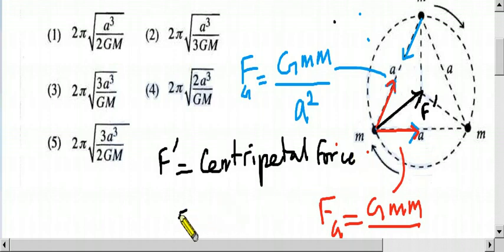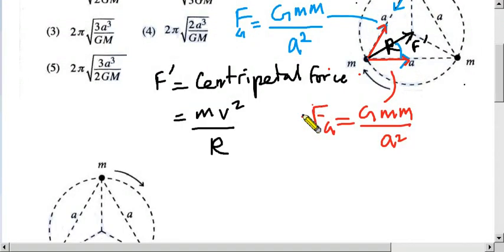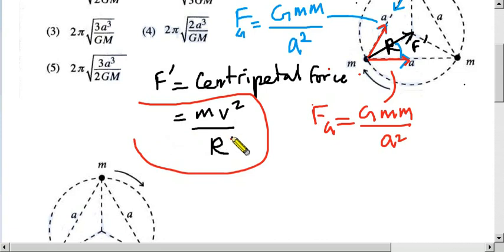So that we know is equal to mv squared divided by r, where this distance is r. Now we can find the value for this centripetal force.